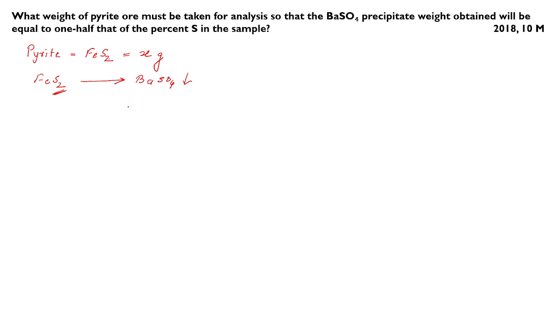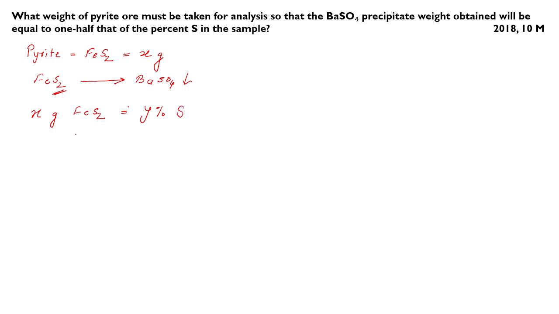So let's say we have taken X gram of pyrite, which we need to calculate, and in this X gram of FeS₂, let's say Y percentage of sulfur is there.